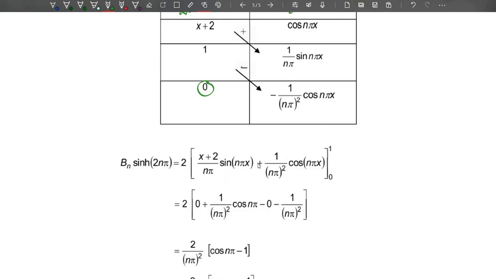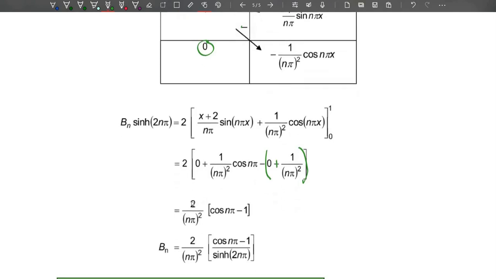And then this one is minus because minus plus, or you can also write it in brackets first, so this one will be plus 1 over n pi squared cos 0, equal to 1. Then simplify and rearrange, and from here we have 2 over n pi squared times cos n pi minus 1.